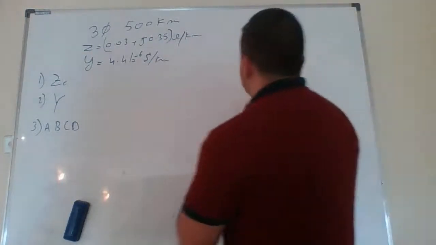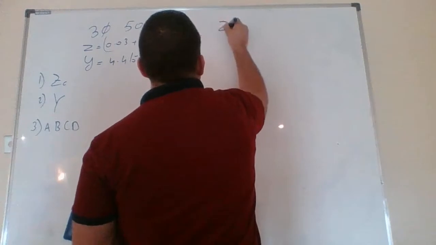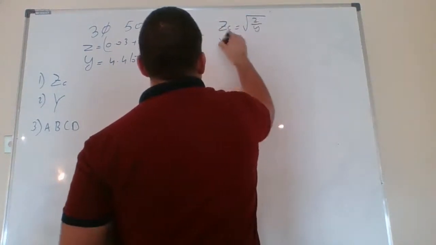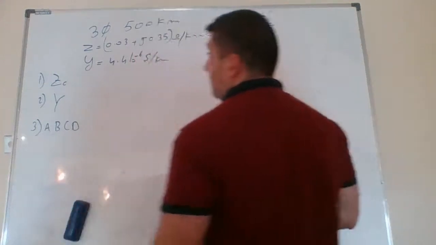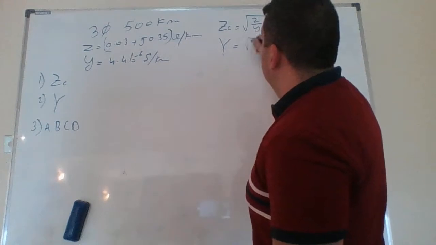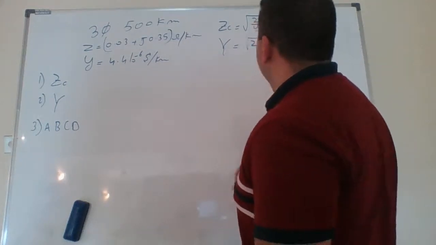What's ZC? ZC is the square root of Z over Y. The propagation constant is the square root of ZY.